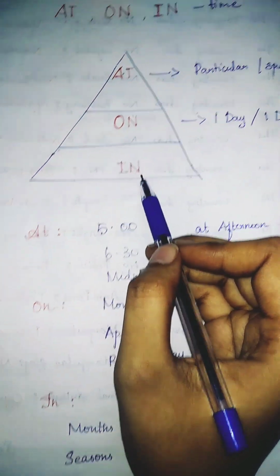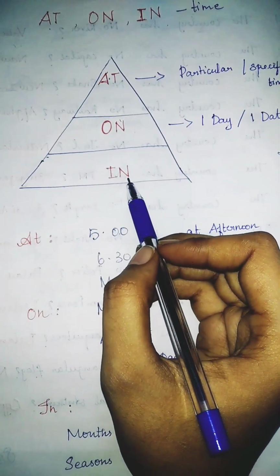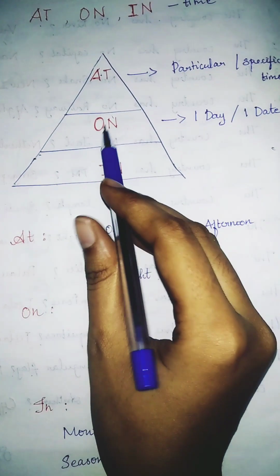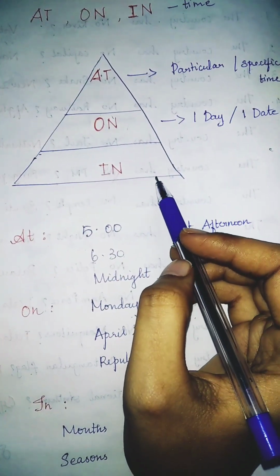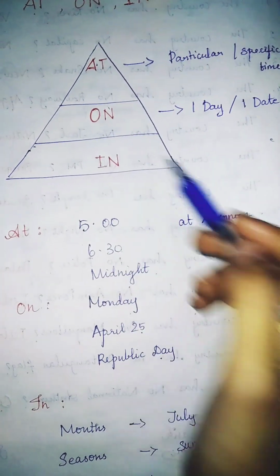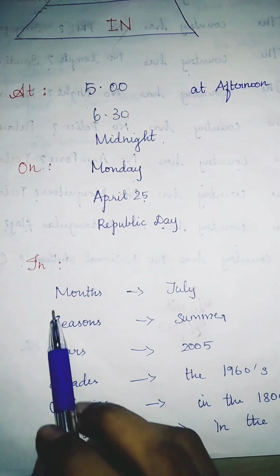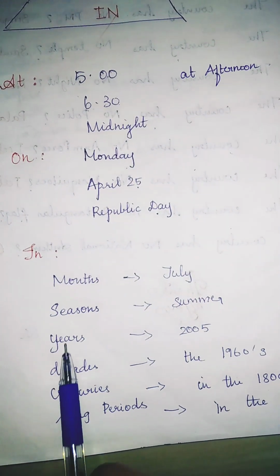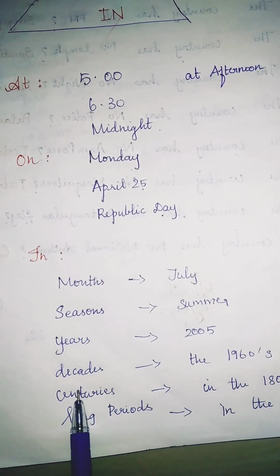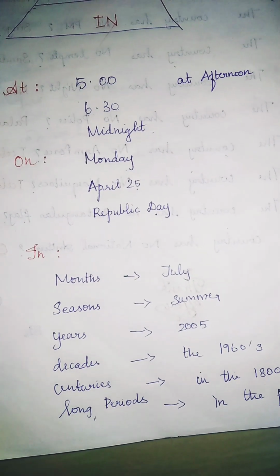Okay, let's move on to the last part of the triangle, which is in. We can use in for something wider than on and at, which means in for a month, season, year, decade, century and long period.